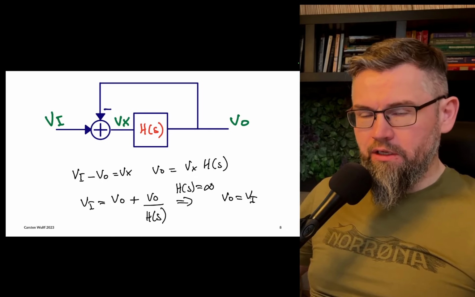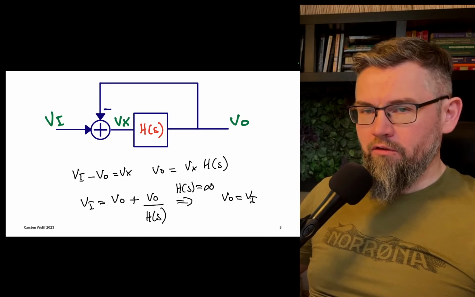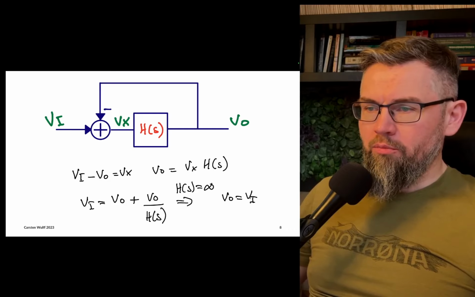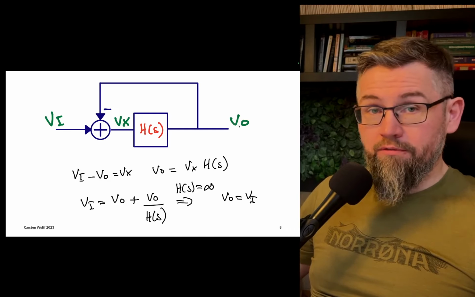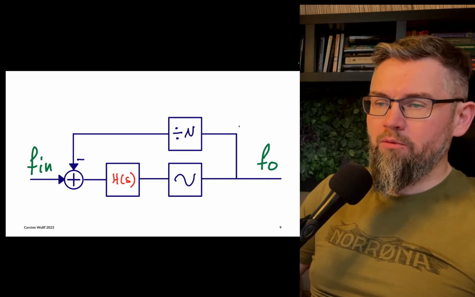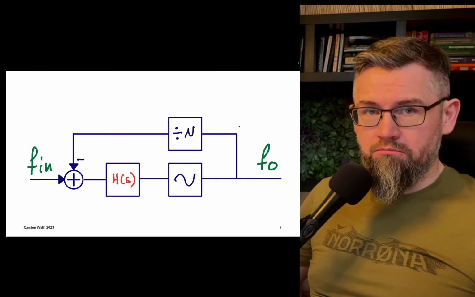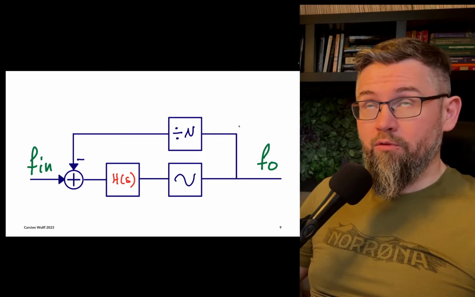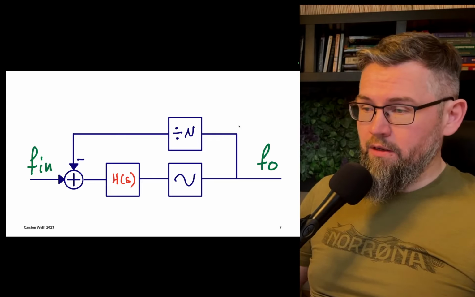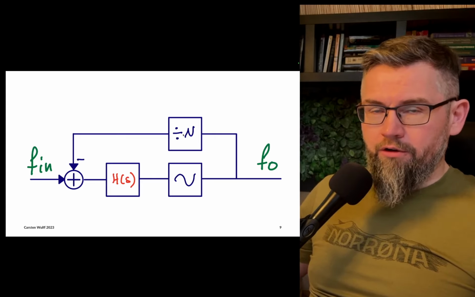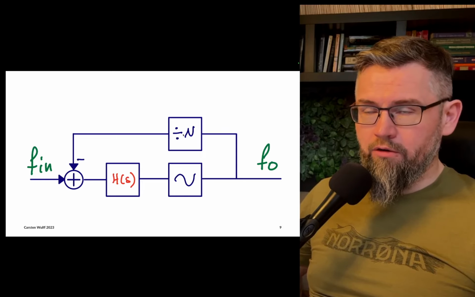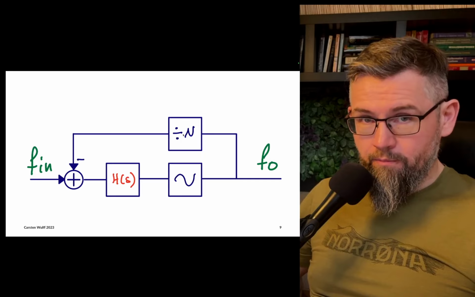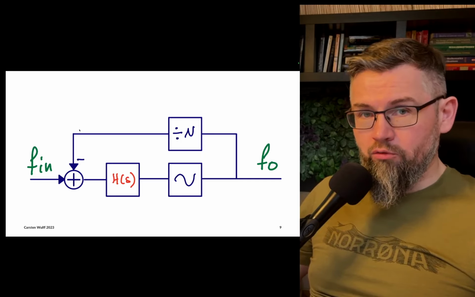Now this is interesting in the type of phase lock loops, because what we could do is, let's say the output here was a frequency and it was a high frequency, 2400 megahertz. If I put a divider, I can divide that output frequency, the 2400 megahertz, by 75, and that gives me 32 megahertz.